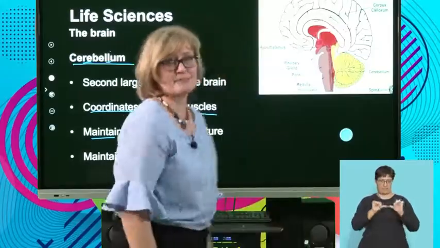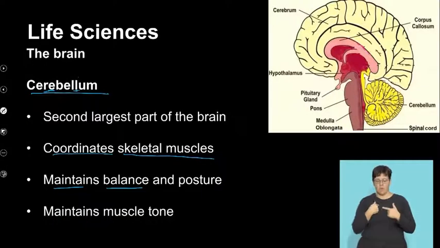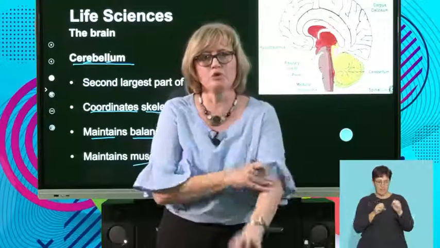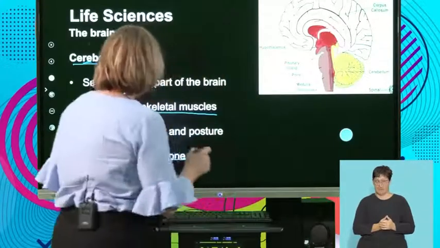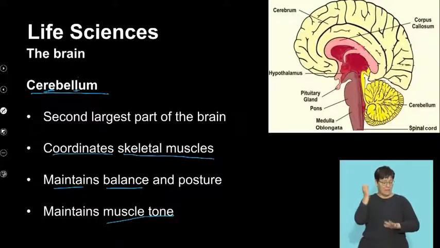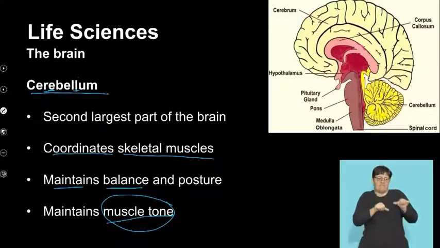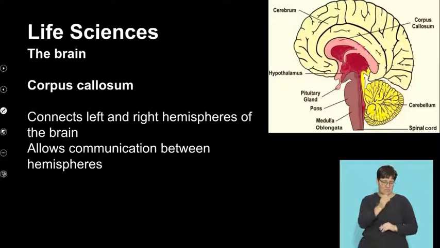Then it maintains muscle tone. Your muscles are supple, they can move. People whose cerebellum is damaged, their muscles become very taut and they need physiotherapy to keep their muscles more supple and make movement possible.